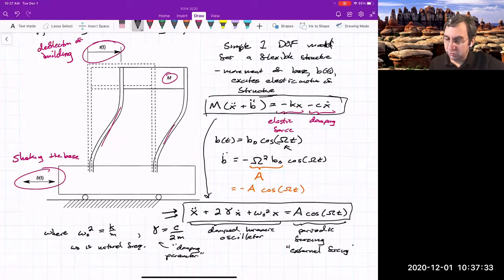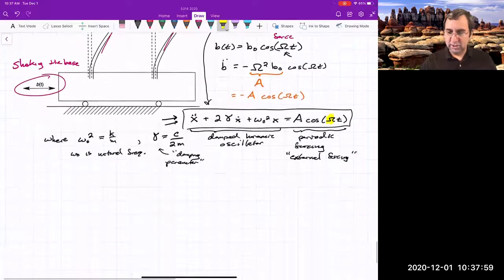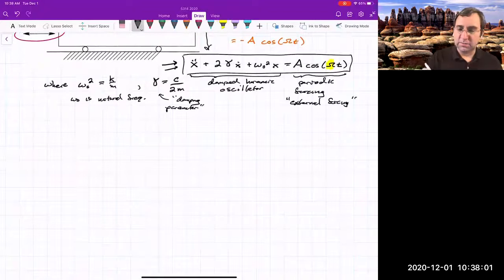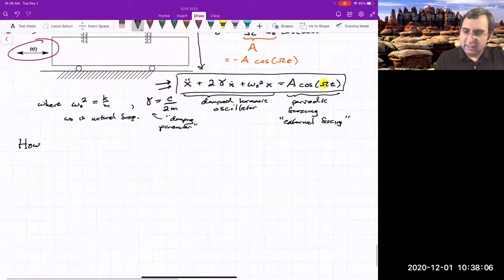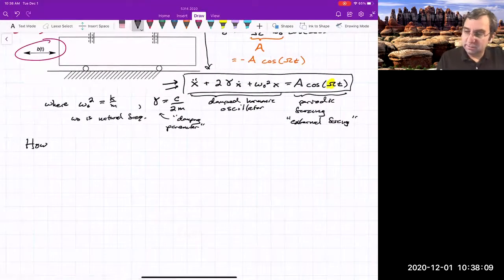of the system. External forcing, because it's external to this building. And we want to know, how does the driving frequency, capital Omega, because that could change, affect the response of the system? If you've taken a vibrations class, you've seen this. That's kind of what analyzing this 1 degree of freedom system can come down to.